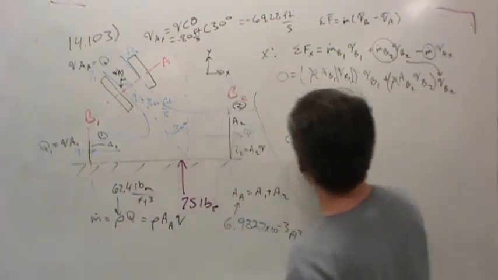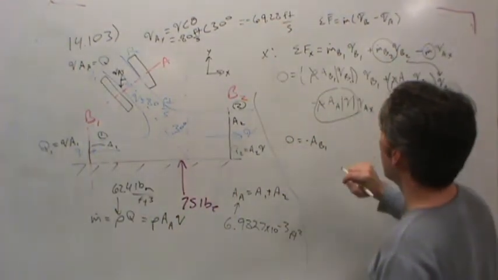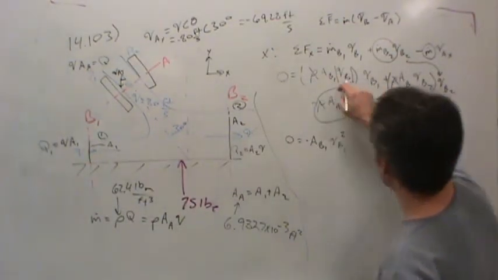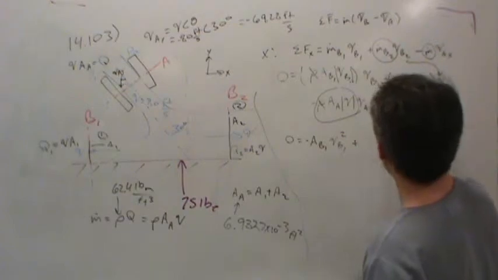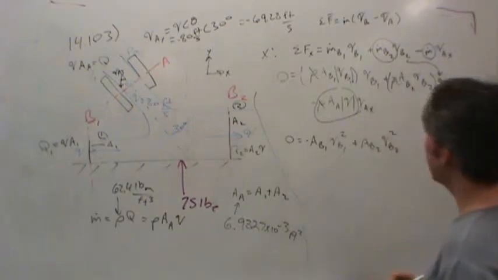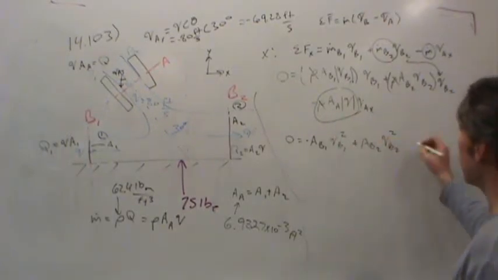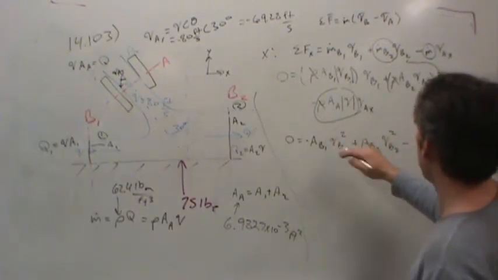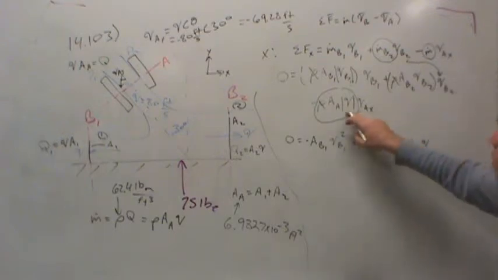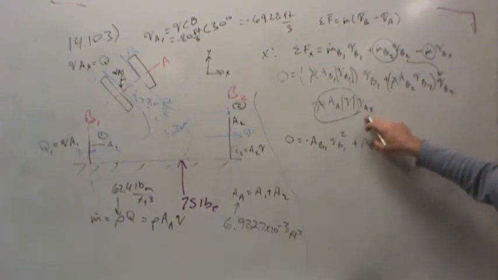Let's just put the negative sign on it so I don't have to deal with the absolute values. VB1, and really it's squared now, plus, this term will give me AB2, VB2 squared, and then this term will give me minus area at A, V.